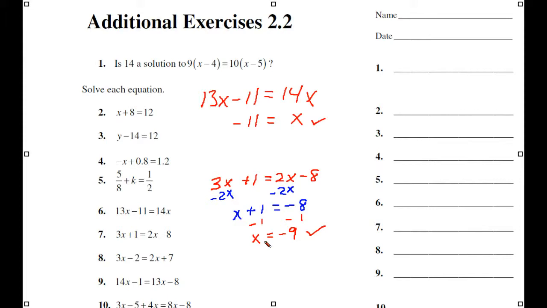Now in our video lab, you recall I wrote on the side a number of things that you're going to do. Get rid of fractions, get rid of grouping symbols, combine like terms, transpose to get all the x's on one side, numbers on the other, and then later we'll be dividing by the numerical coefficient of the x. And again, there is a sequence that you follow in solving equations.